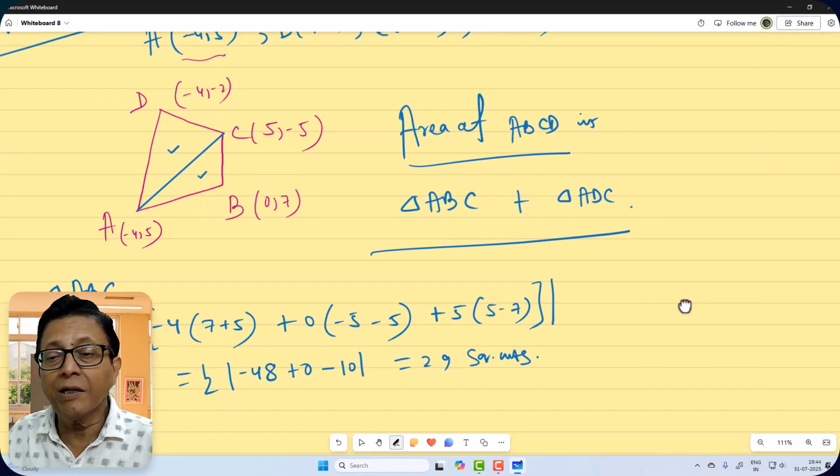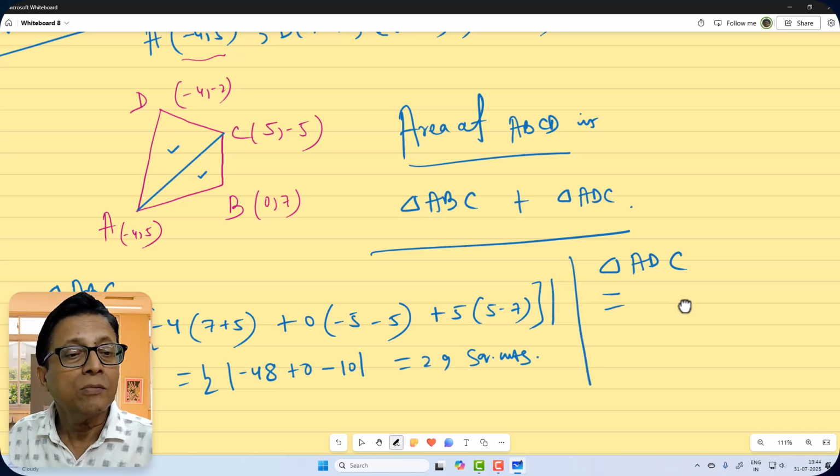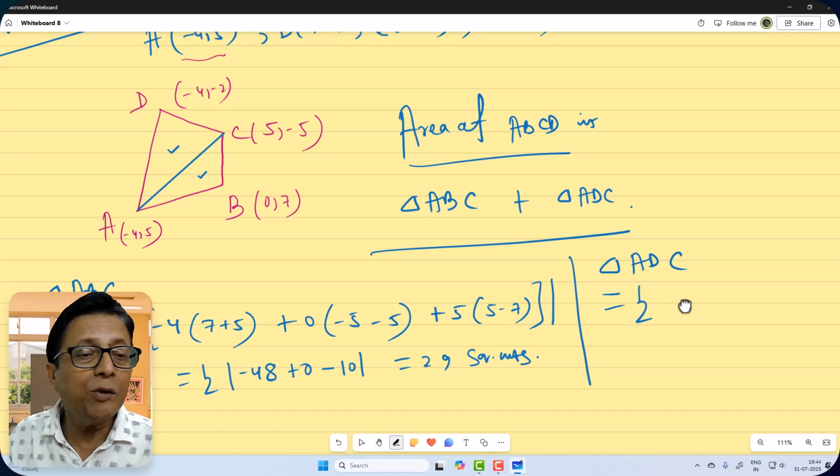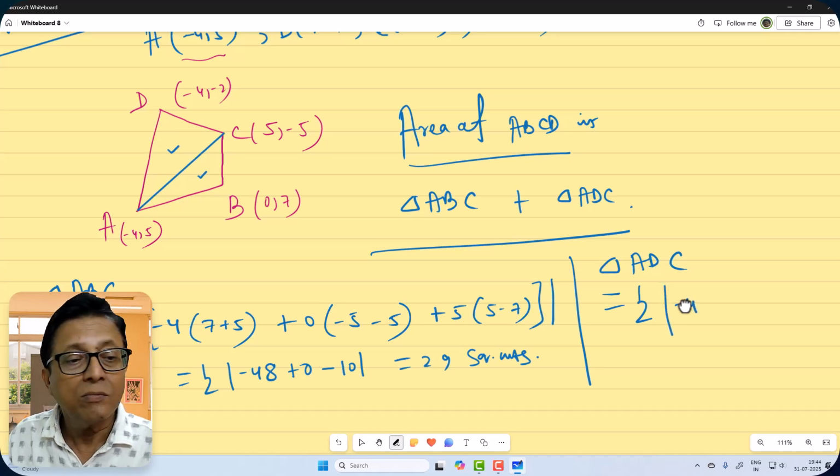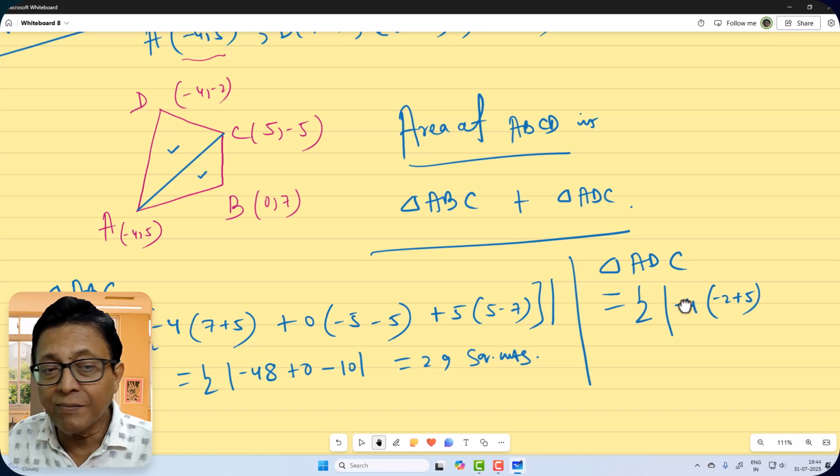Then we'll find area of ADC. How to? That is half into ADC mod, minus 4 into minus 2 plus 5.